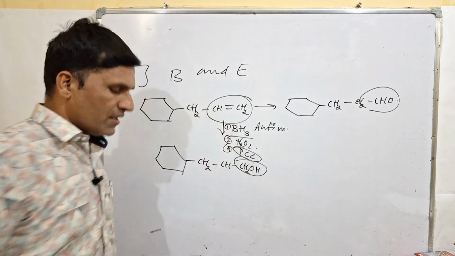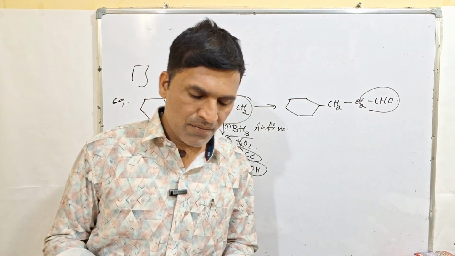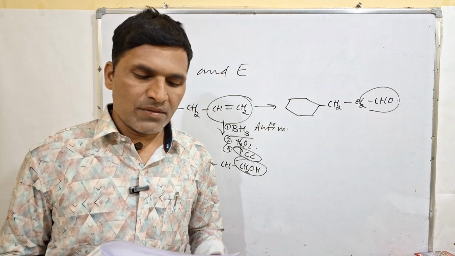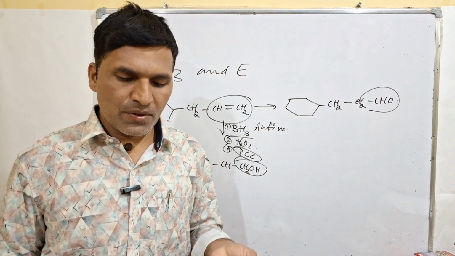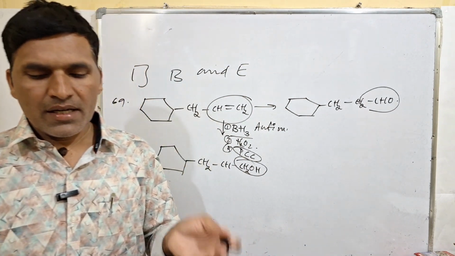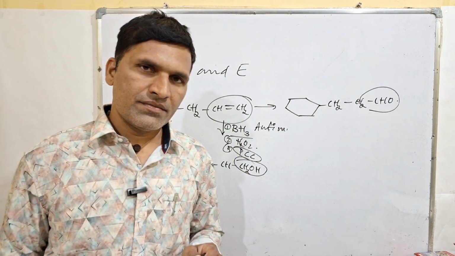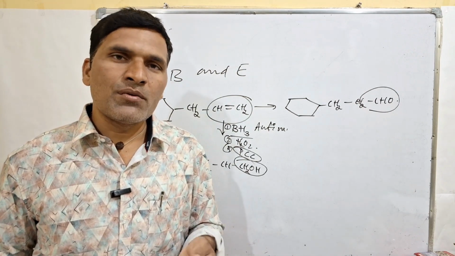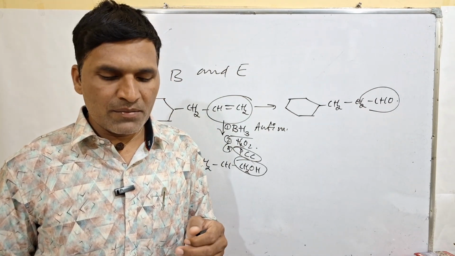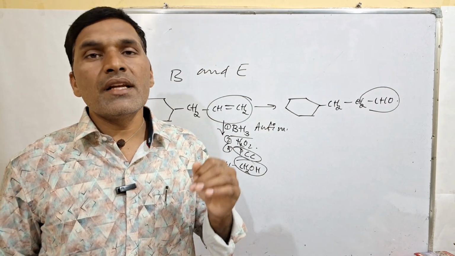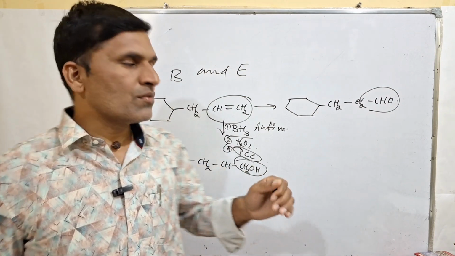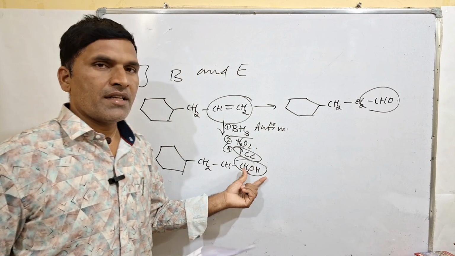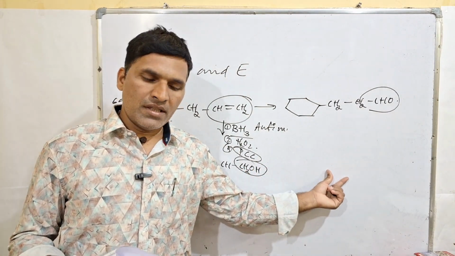So your options given: the first option has three reagents, borane, hydrogen peroxide in alkaline medium, and alkaline KMnO4. It may tempt you to go with this option, but the problem is KMnO4 can lead to further oxidation, leading to the formation of the carboxylic acid.